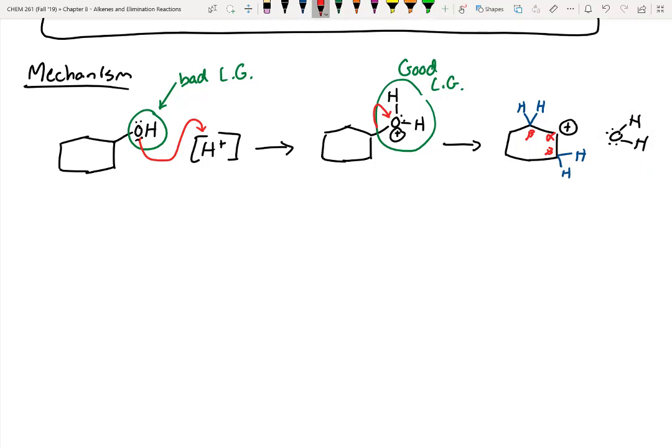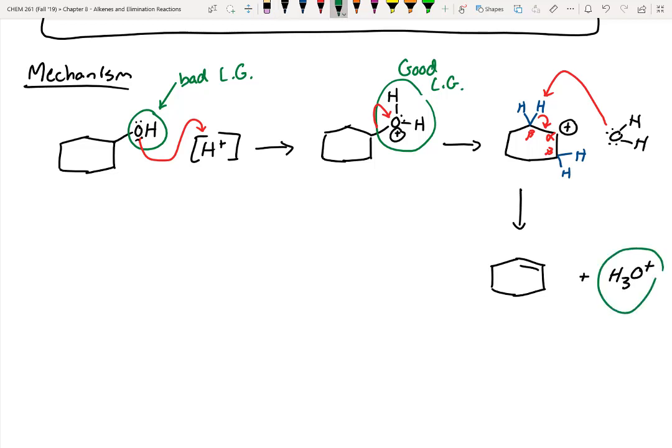So if we think about the next step, it could grab any one of these beta protons and give us a double bond. And then we would regenerate our acid in the end. So the acid is regenerated.